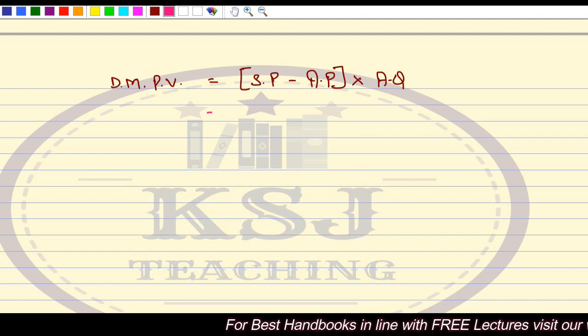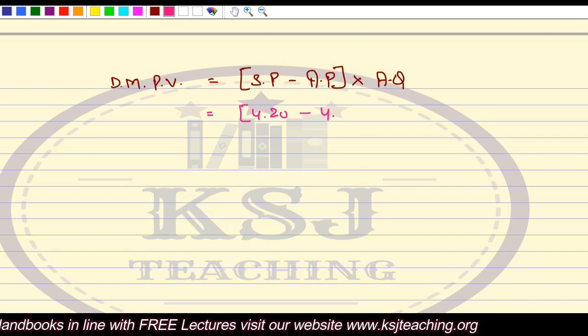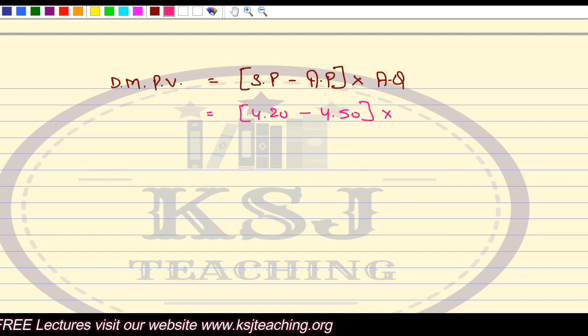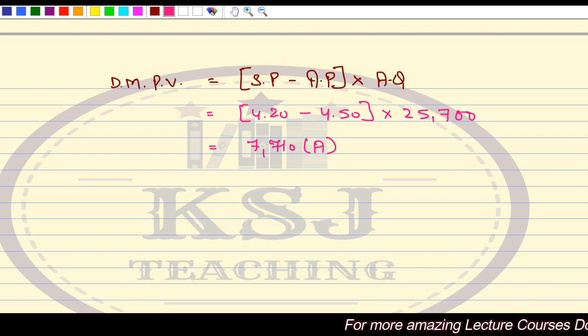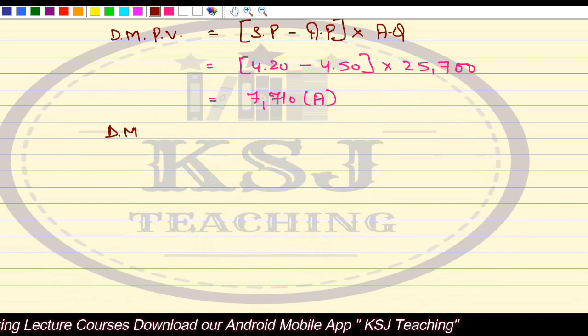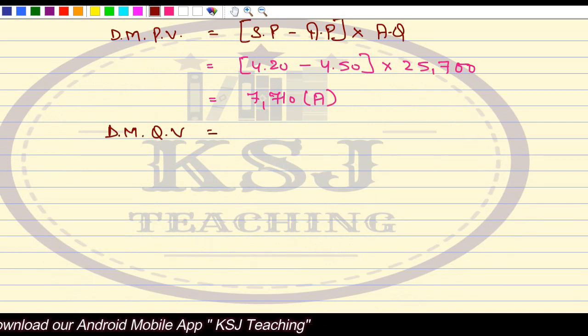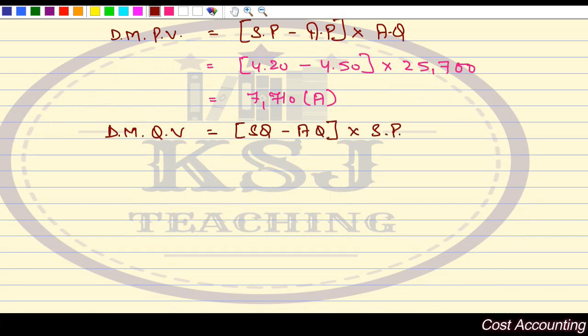Okay, so standard price is 4.20 minus actual price 4.50 multiplied by actual quantity used, that is 25,700. Right, so this comes out to 7,710 adverse. Clear? The next we have is direct material quantity variance or the usage variance, that is standard quantity minus actual quantity multiplied by standard price.